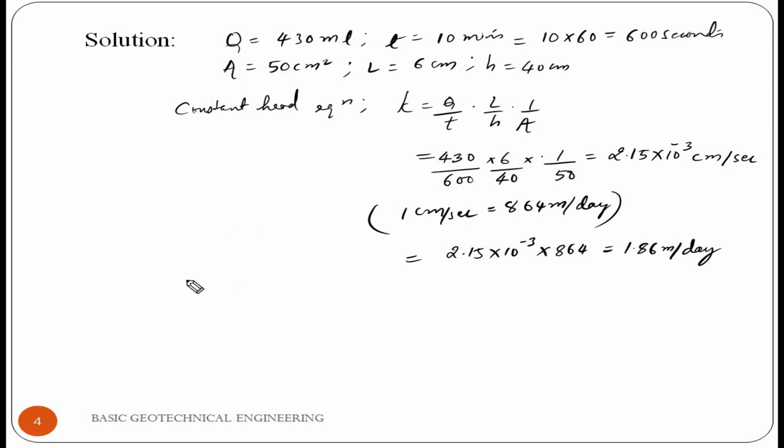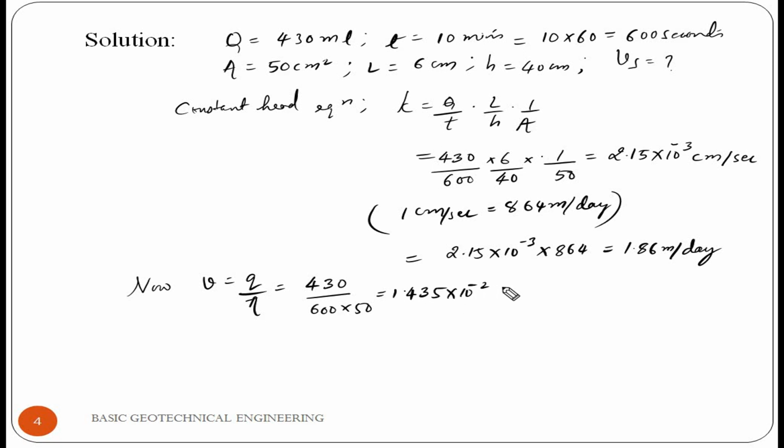So we need to calculate seepage velocity, that is Vs. Now V is equal to Q by A, 430 divided by 600 into 50, which is equal to 1.435 into 10 to the power of minus 2 centimeter per second.